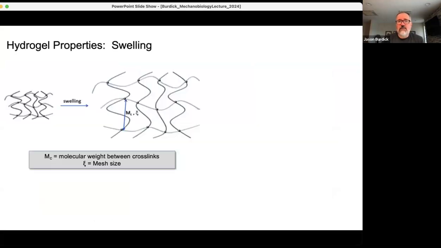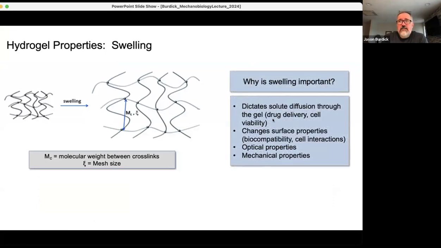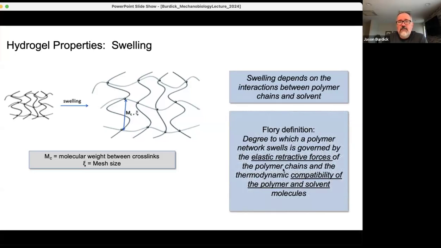But understanding their interaction with water is really important, so that drives the swelling. And this is important because it changes things like diffusion throughout the hydrogel, the surface properties, how cells interact might be based on the water content, of course, the optical properties and mechanics. And it's driven by a few things. So again, the compatibility of the polymer and the solvent.